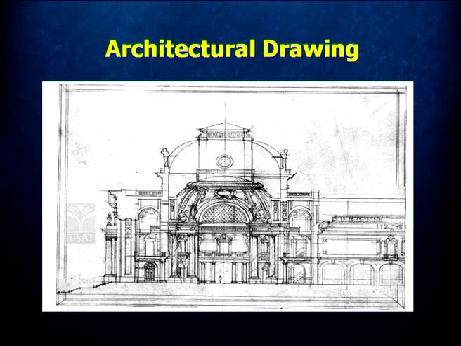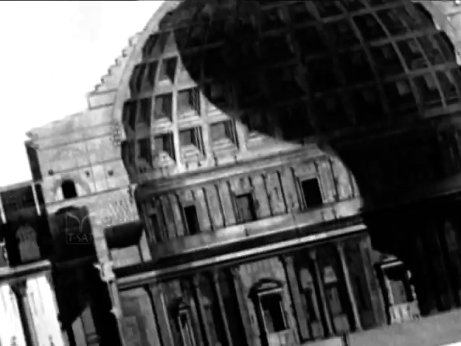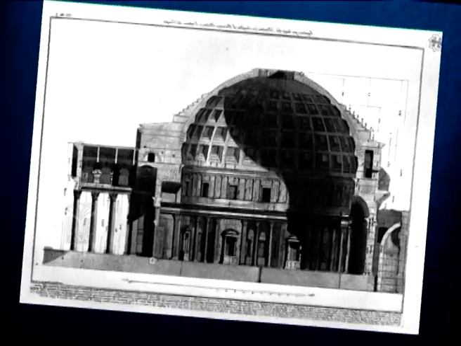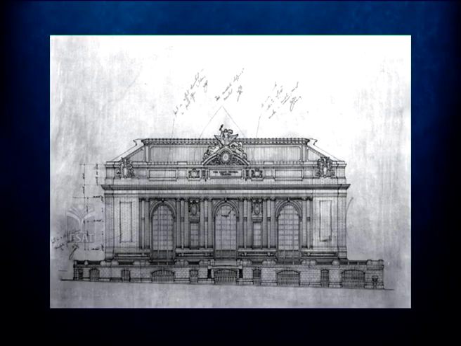Another is architectural drawing. So, architects use different ways of drawing. They have a different method of drawing using different mechanisms, drafters and different tools. So, they create drawings first to construct the architecture later.